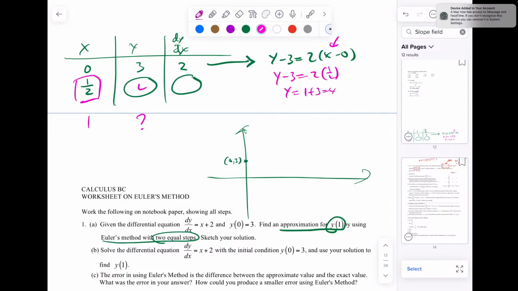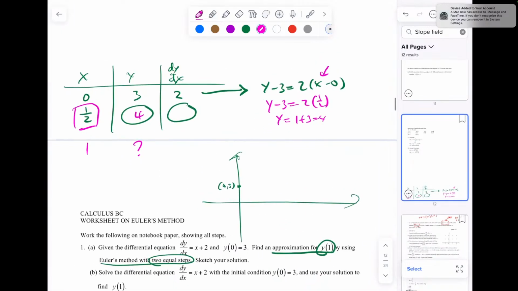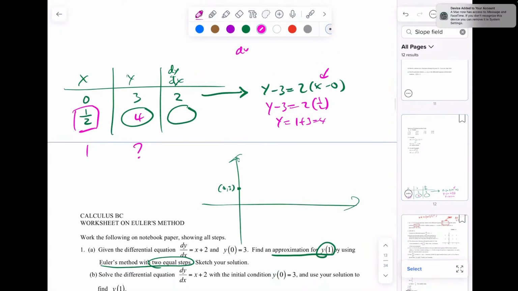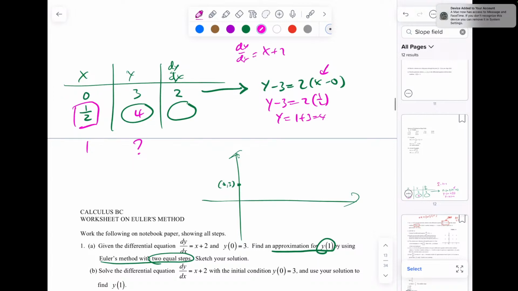So that becomes 4. Is that okay? And we know dy/dx is equal to x plus 2. So therefore this one's 5/2. That becomes a new slope, because the slope changes when you get to half.